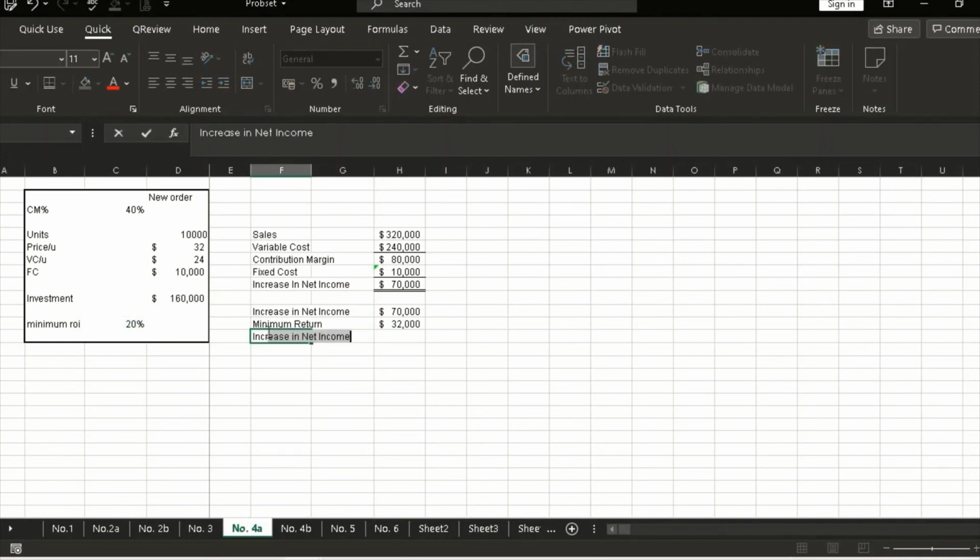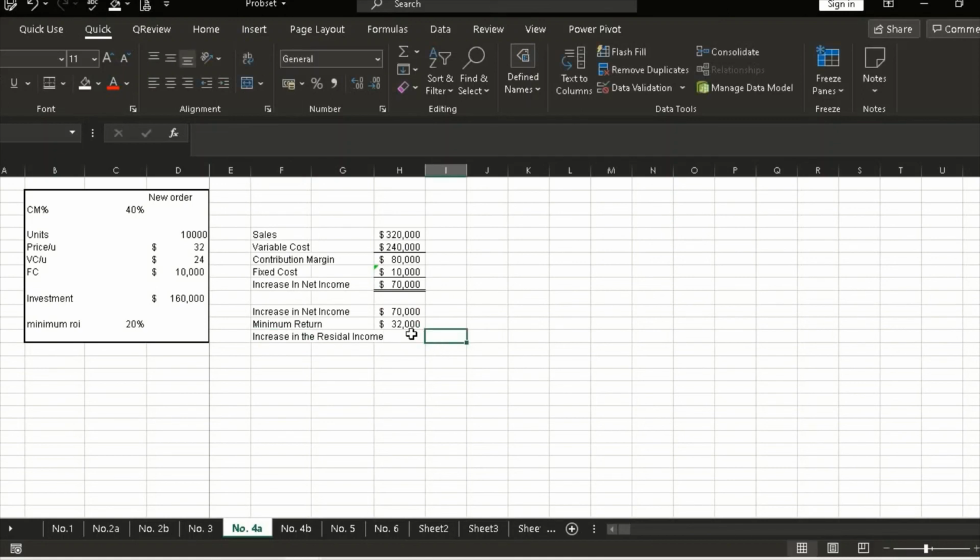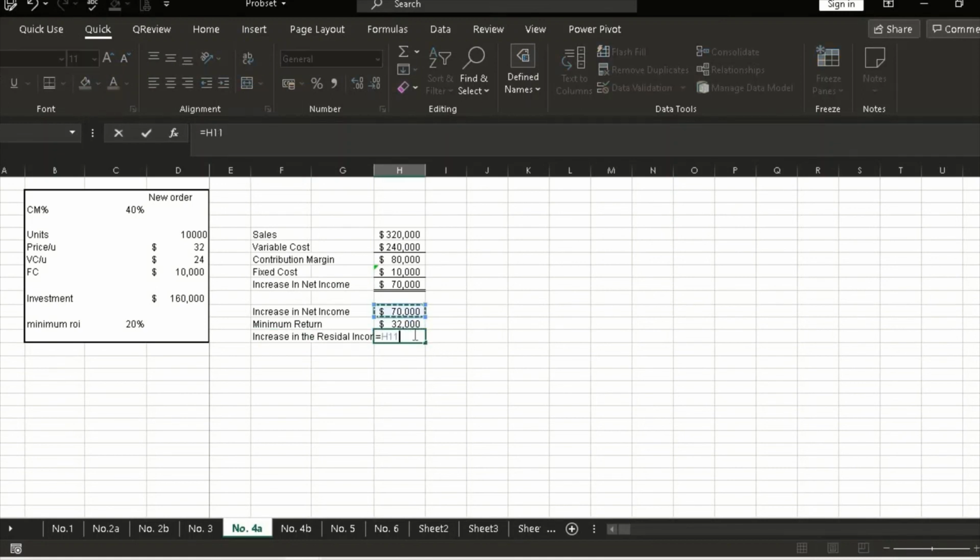So the increase in the residual income which is attributable to the offer is equal to 70,000 minus the minimum return of 32,000, which is 38,000.